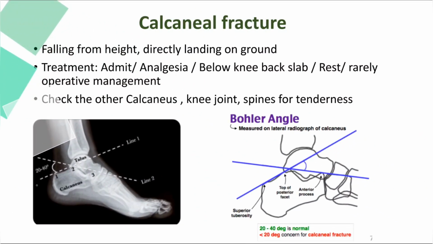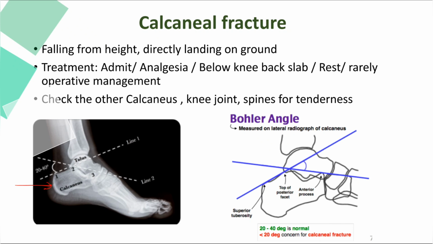Coming to calcaneus fracture, it is usually due to falling from height and landing directly on the ground. If a patient with calcaneus fracture comes to you, you have to examine the other joints like the knee joint, hip joint, and the full spine.